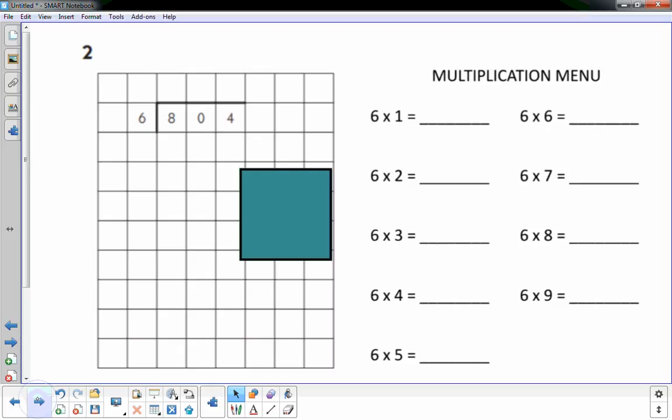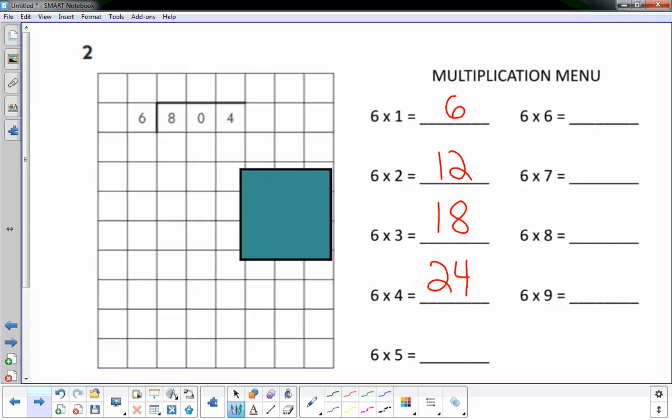Let's do another one. 804 divided by 6. So I do my multiplication menu for 6's first. I'm going to go quickly. 6, 12, 18, 24, 30, 36, 42, 48, and 54.